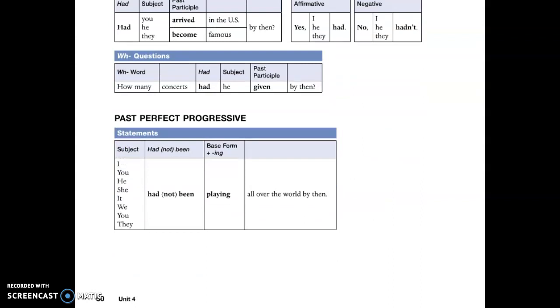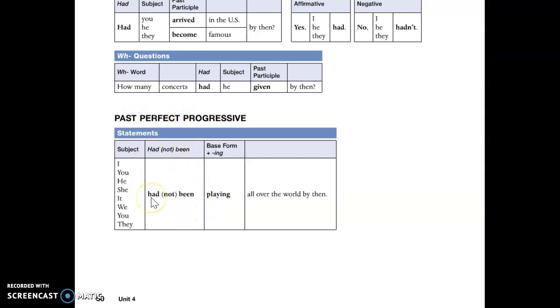The past perfect progressive will also have had, right, here as the auxiliary verb. But because it's a progressive tense, we will also need the main verb with the ing ending. And to be able to combine had and ing, we need something with that, and this will reflect our perfect part of the tense.